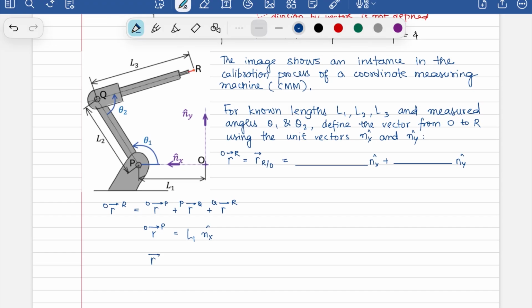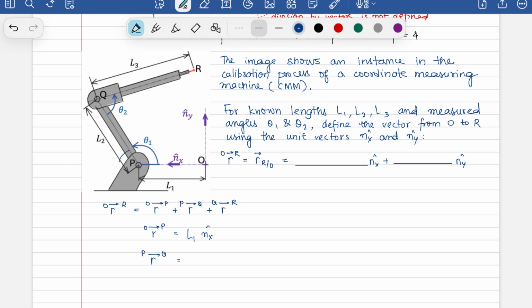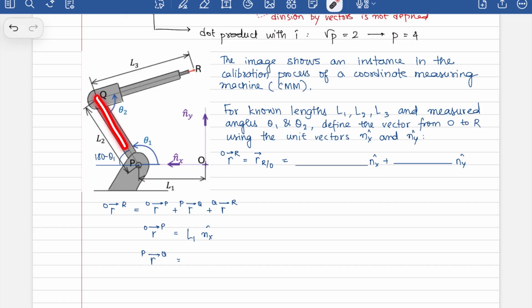What about the vector from P to Q? In this case, you want to be able to write this in terms of nx hat. So you could do L2 cos of this angle, right? Where this angle here is 180 minus theta 1. So that gives you the component of this along nx hat.